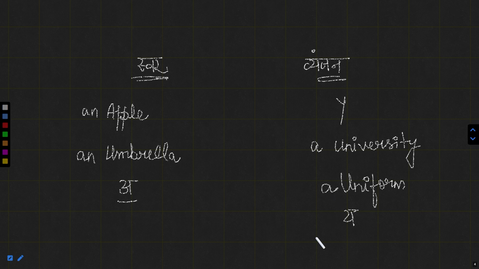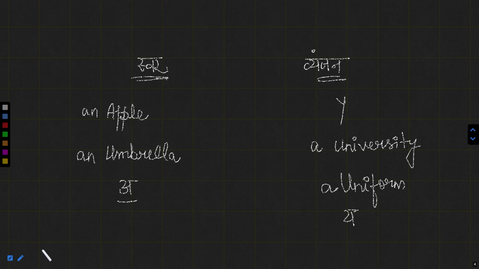We cannot say "an uniform". Why so? Because the pronunciation of this word begins with a consonant sound, the Y sound or Ya sound, which is a Vyanjan sound in Hindi Varnamala. Therefore, we use A before uniform but N before umbrella, because of the sounds created by pronouncing these two words. In this manner, we use either A or N before any noun.